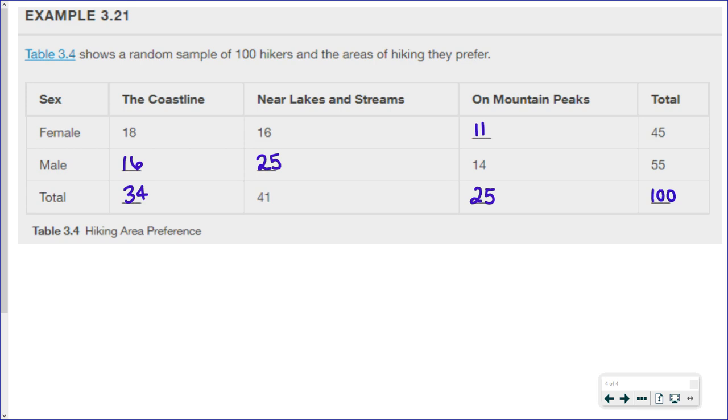Now, letter B asks us, are the events being female... Oops, let's call this letter B because letter A was filling out the table. Letter B, are the events female and preferring coastline independent? So we're looking for female and preferring coastline.